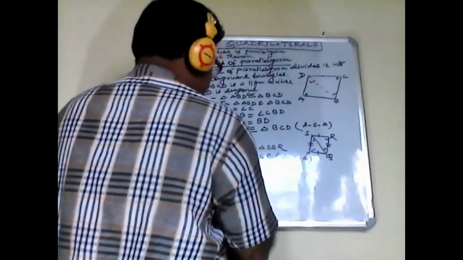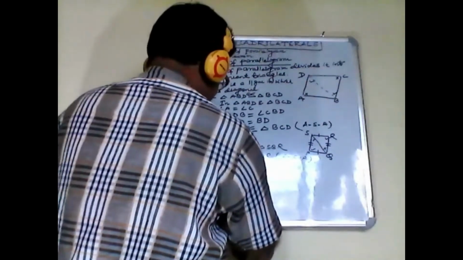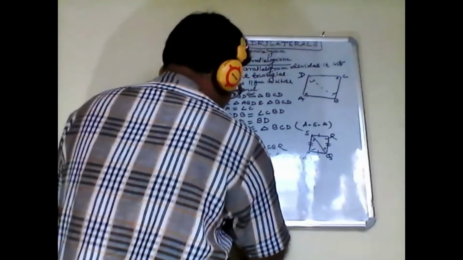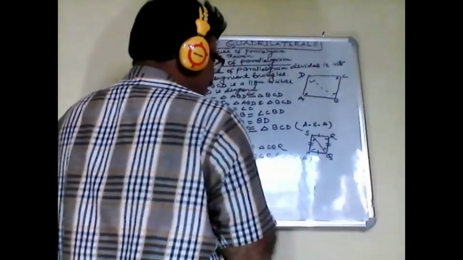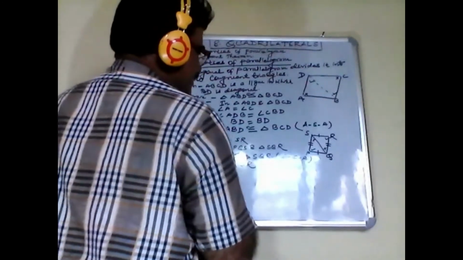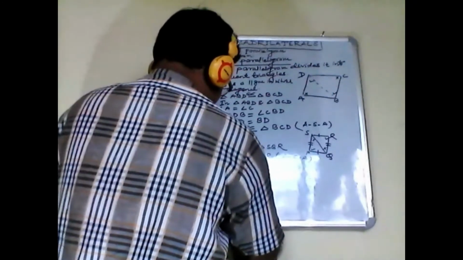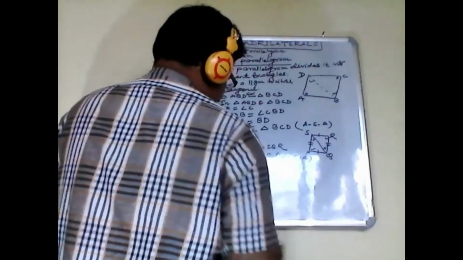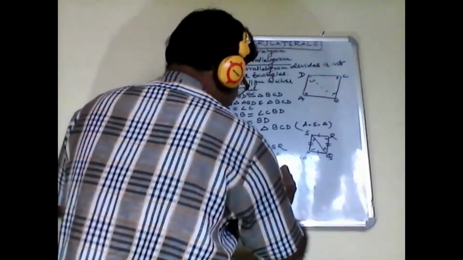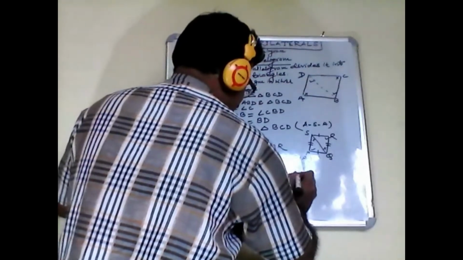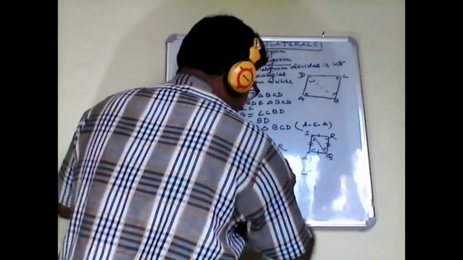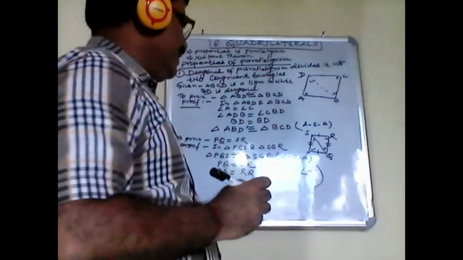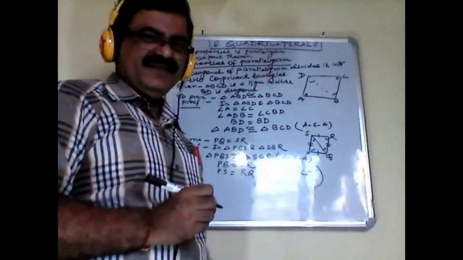On such conditions, I can say that PQ is equal to SR, and we can also prove that PS is equal to RQ by CPCT, congruent parts of congruent triangles. So by this you can prove these two parts very easily.